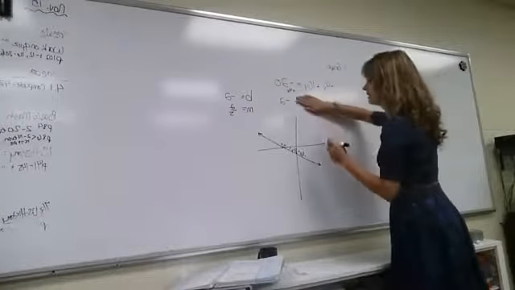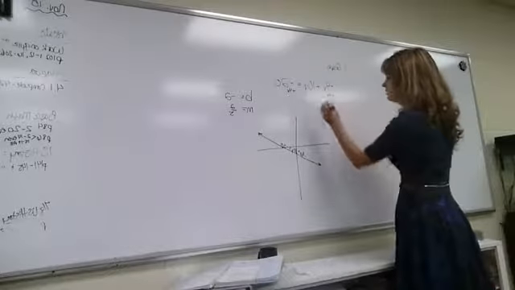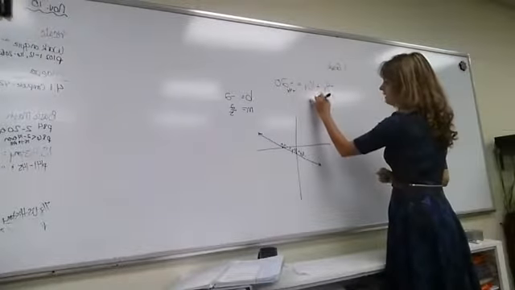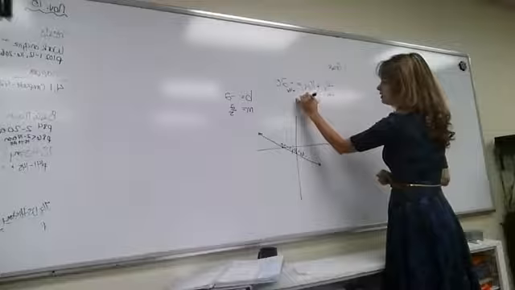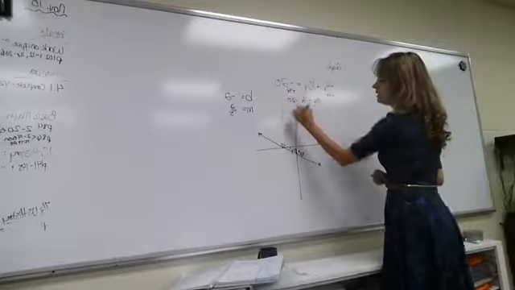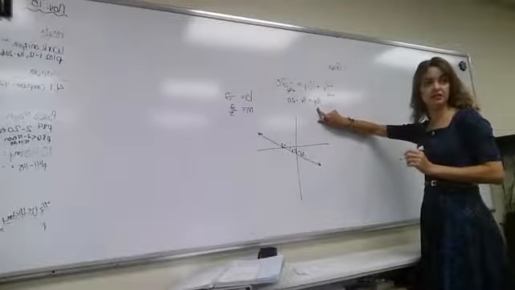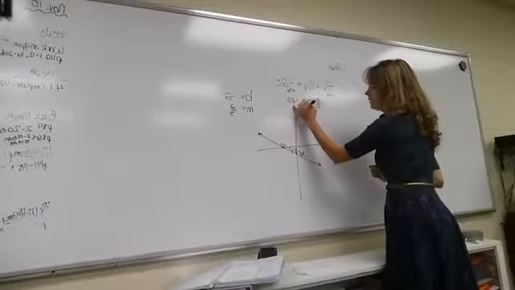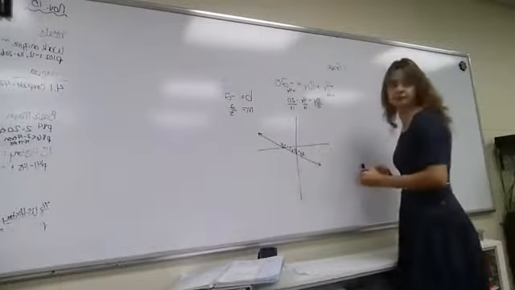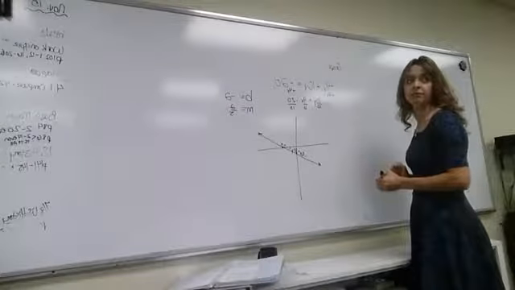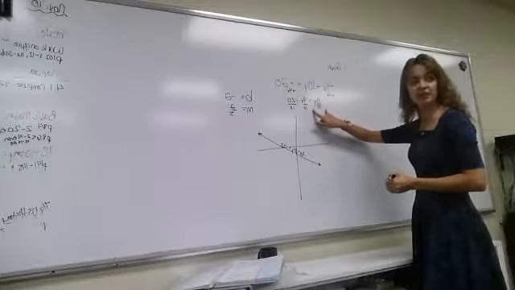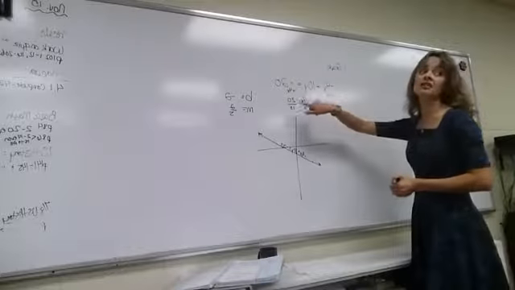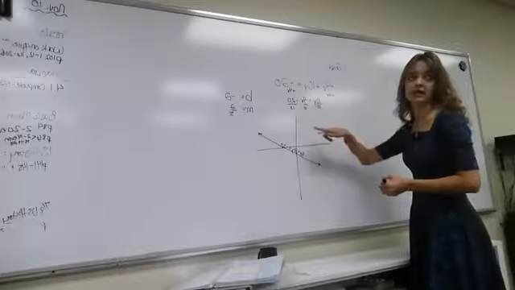So let me write the steps out just since we have plenty of time. Ready? So when we get rid of this 4x, then we have 10y equals 4x minus 20, but we still haven't solved for y to get it into slope-intercept form. So we solve for y by getting rid of the 10, so we divide by 10 and divide by 10. Yes. Does that help? Because whatever you do to one side of the equation, you must do to the other side of the equation, so it means the whole side.